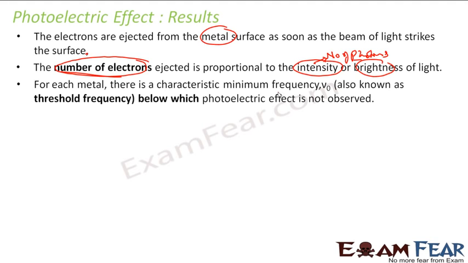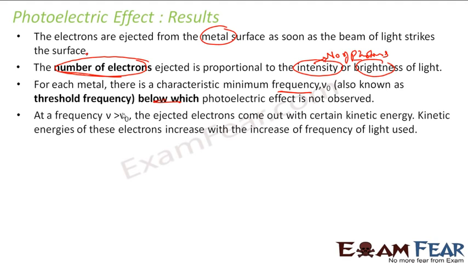But for each metal, there is a minimum frequency below which the photoelectric effect is not observed. Also, if the frequency you are giving is greater than the threshold frequency, the ejected electrons come out with some kinetic energy.